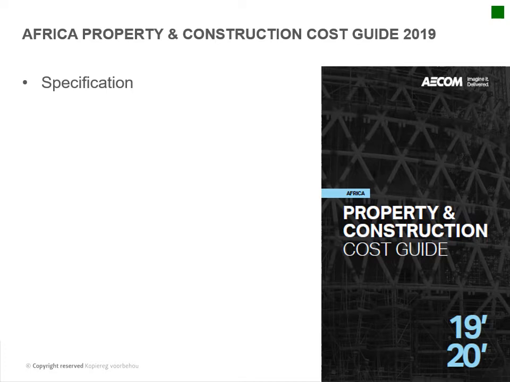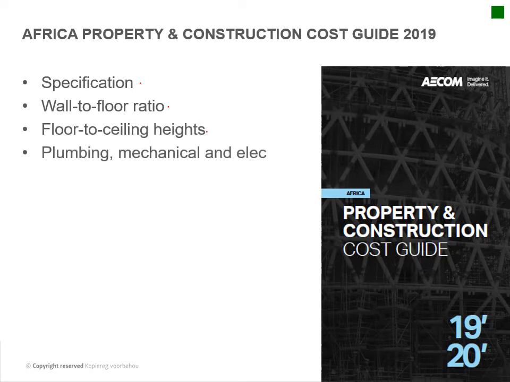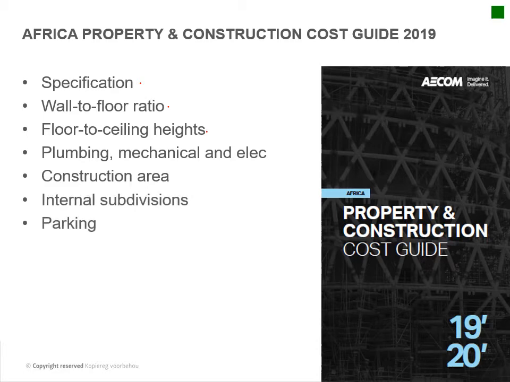We did do it in class, but the main thing about this document is that it's all about the specifications, wall to floor ratios, floor to ceiling heights, that's important, plumbing, mechanical and electrical work, splits, construction areas, internal subdivisions, parking, and so on. All of these items play a big role in the actual cost or estimate of the building.